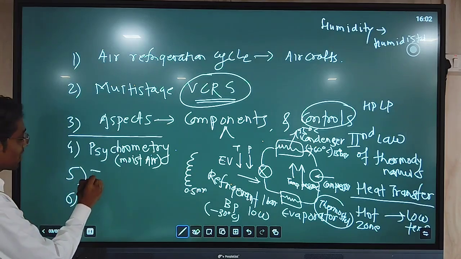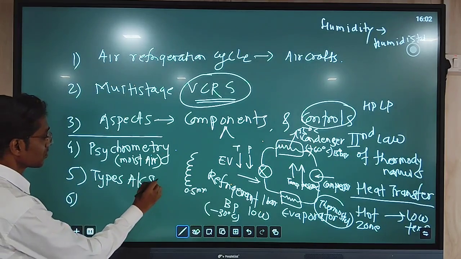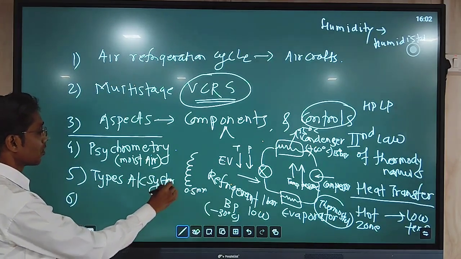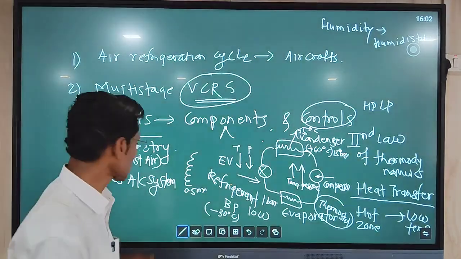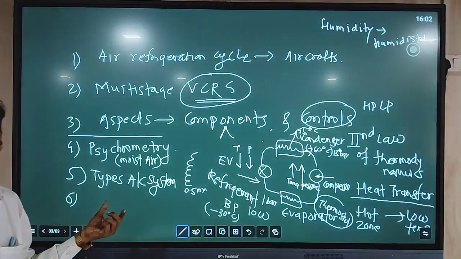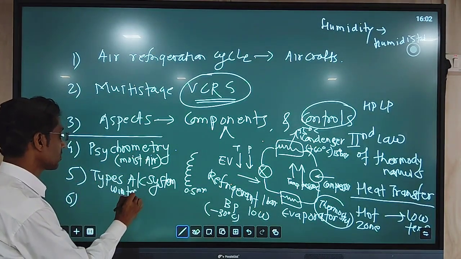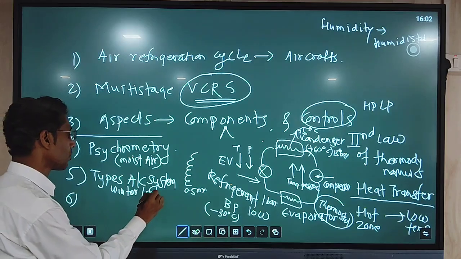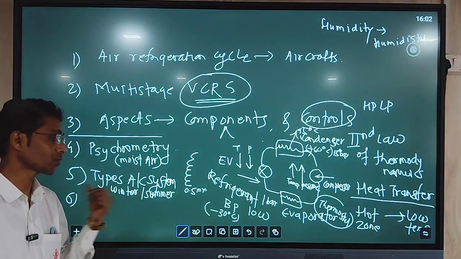The fifth one is types of air conditioning systems. There are different systems which are used. I will just give a brief idea. As per the season, winter and summer, these are two. The third one is all year, a combination of these two.